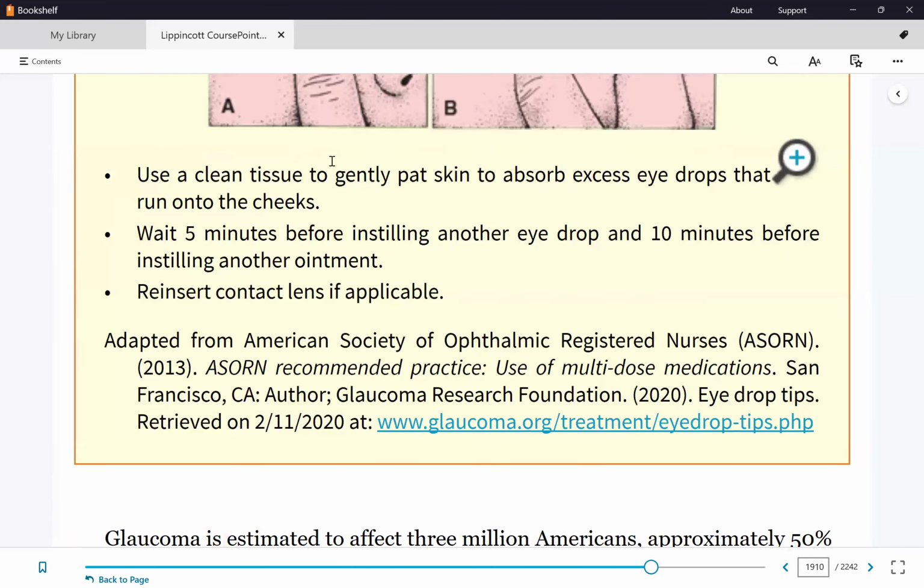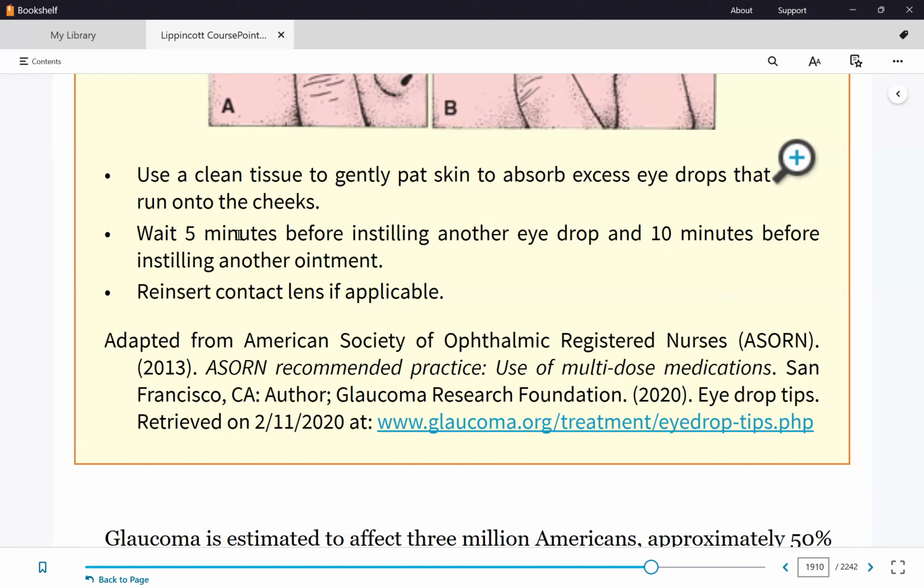Now, always use a clean tissue. The rationale for waiting 5 minutes before instilling another eye drop, or 10 minutes before instilling another ointment, is that if the patient applies two drops of a medication consecutively, the conjunctival sac can only hold the volume equal to 1 drop.